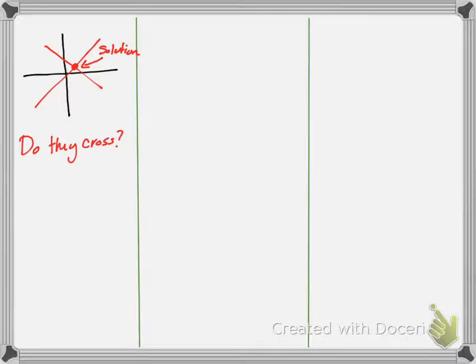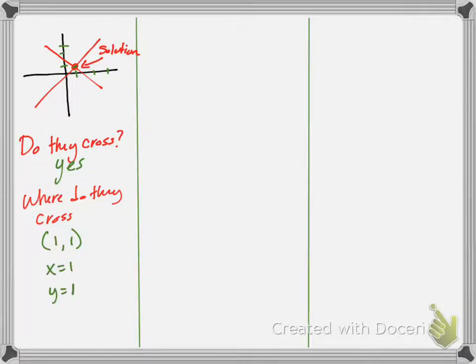So I'm going to put yes. And then we looked at where do they cross? And then we will look at whatever point that would be. So let's say this point would be 1, 1, where x is 1 and y is 1. Okay, and then that would be our solution.